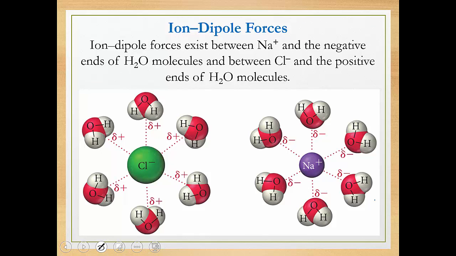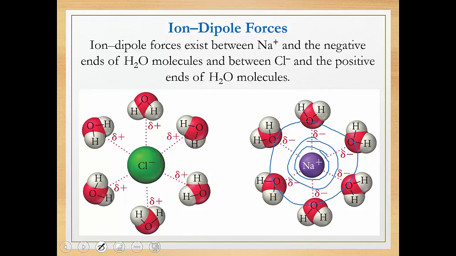This also gives water the property of being able to work as such a good solvent and dissolve so many things. So for example, if we look at the ion-dipole forces that exist between sodium and water molecules. So it's sodium chloride. How does salt dissolve in water? So sodium positive ions line up with the partial negatives in the water, and then same thing for chlorine, but it's the opposite.